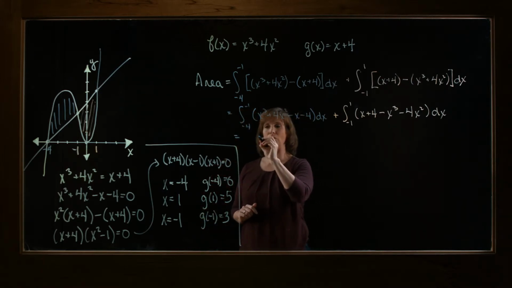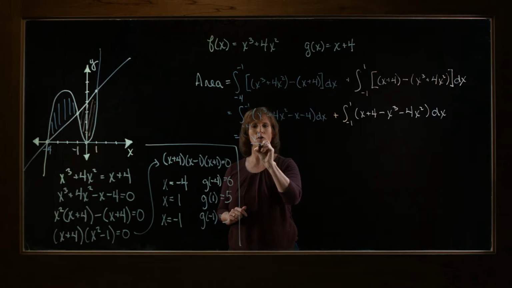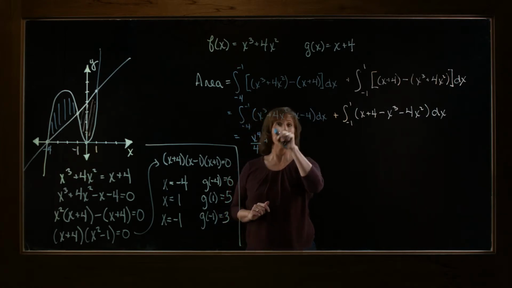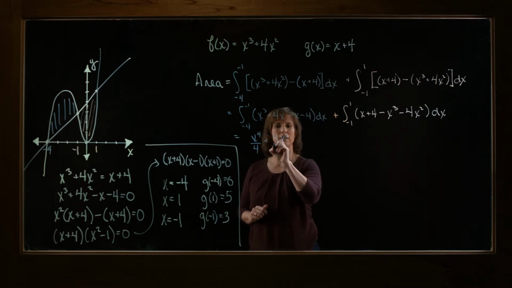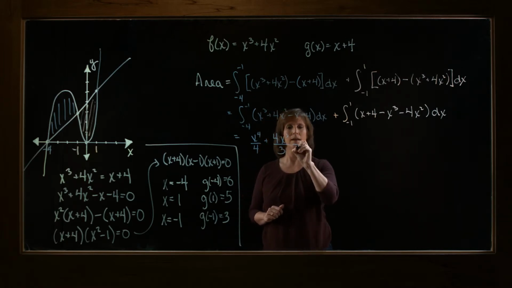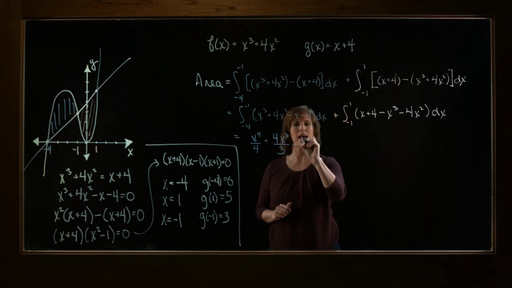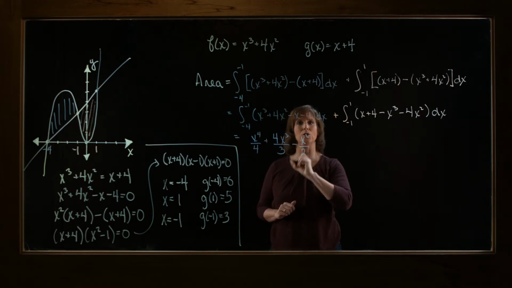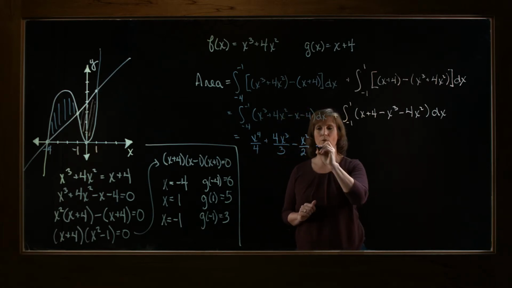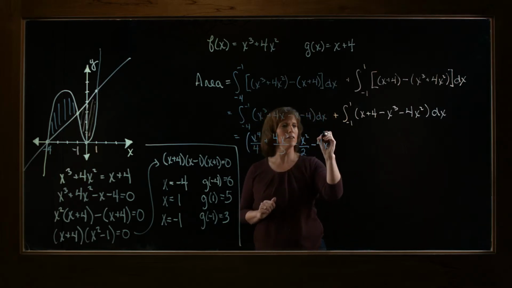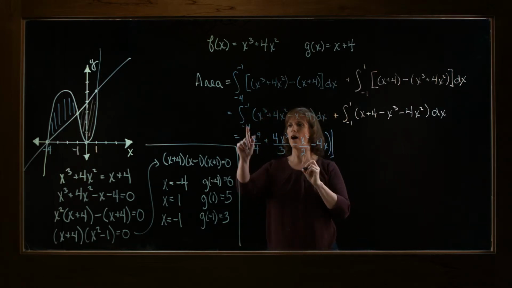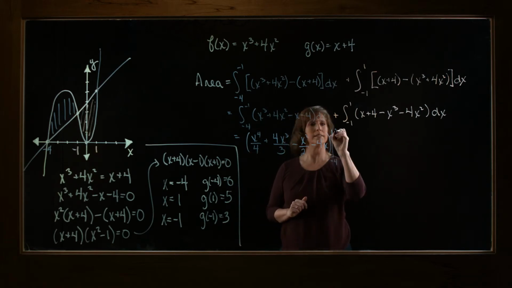The integral of x cubed is x to the 4th all over 4. The integral of 4x squared is 4x cubed divided by 3. The integral of x is x squared divided by 2, and the integral of 4 is going to be 4x. And remember, I'm evaluating all of this from -4 to -1.